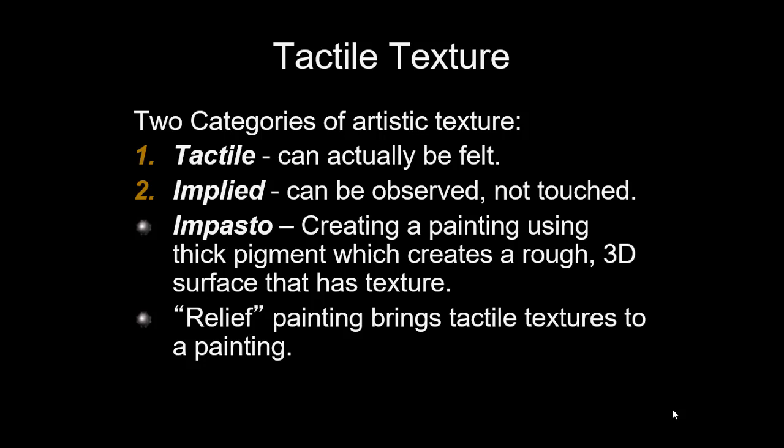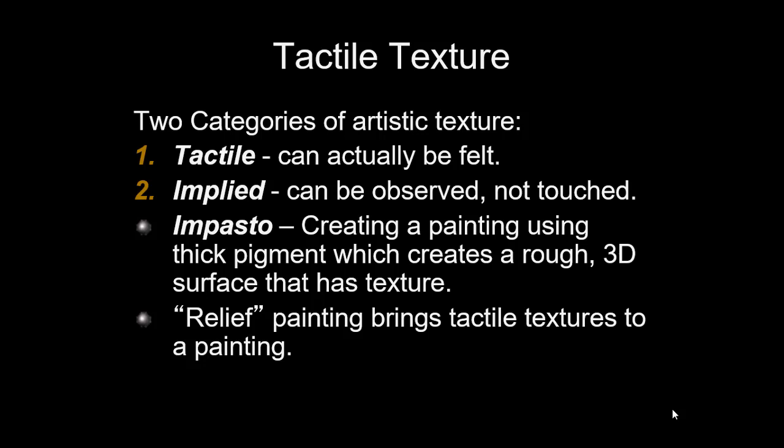So you'll see a lot of texture when you see paintings of this impasto style. There are also relief paintings, and these bring tactile textures to a painting. So we have leftover textures that are usually created by the brush.